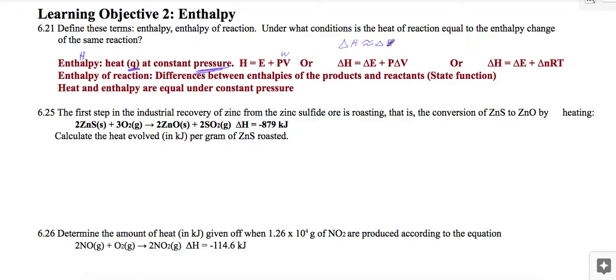So it's almost equal. And they are so close that the difference between them is negligible. And so for the remainder of this chapter, except when we prove this statement, we use enthalpy and energy interchangeably, which means that heat and enthalpy are also used interchangeably.